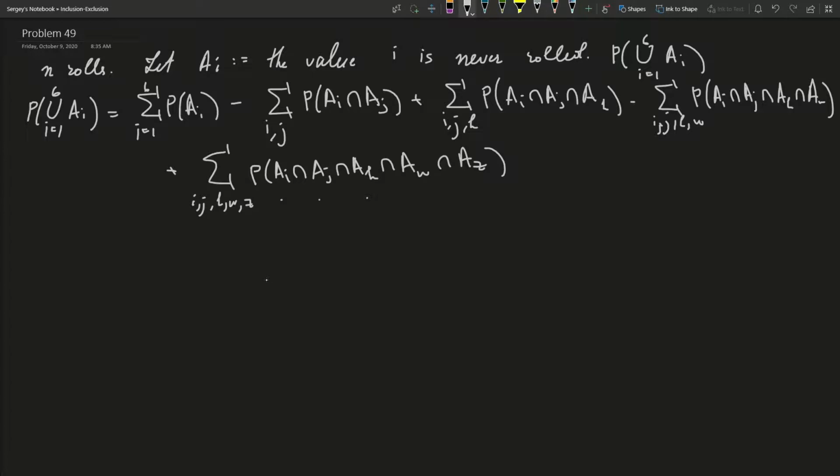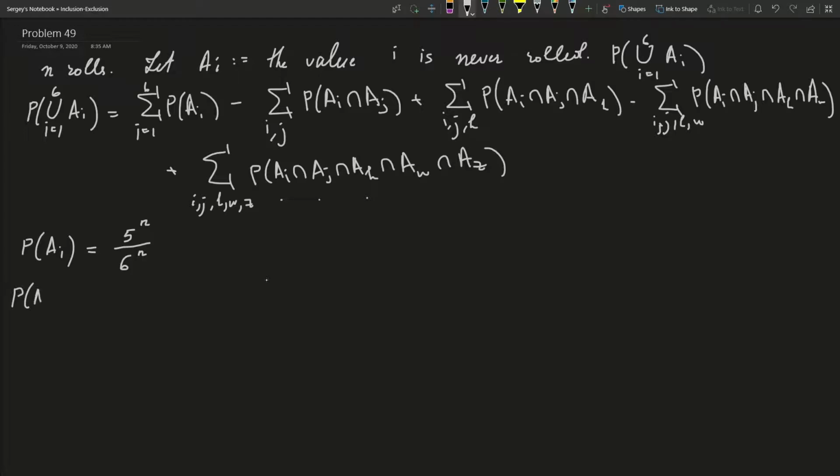So the probability of an event A_i is, out of our n rolls, if the die cannot land on i, then for each roll the die has 5 choices of what it can land on, and we have n such rolls, so that's 5 to the nth power, out of a total of 6 to the nth power.